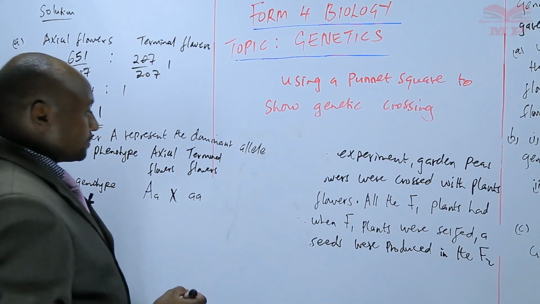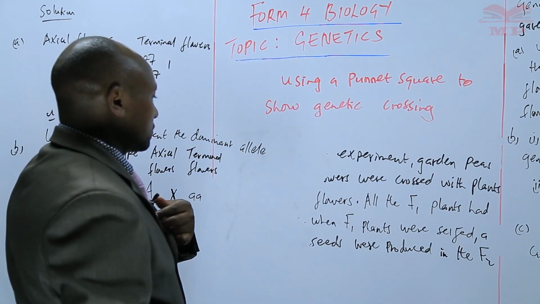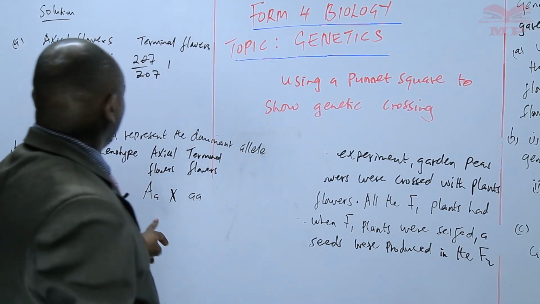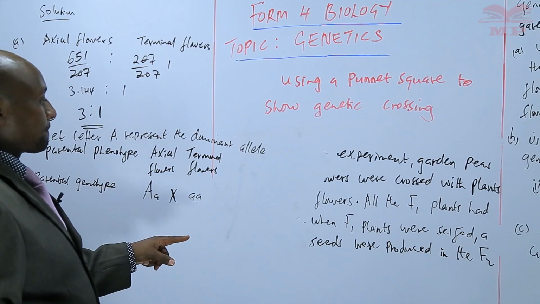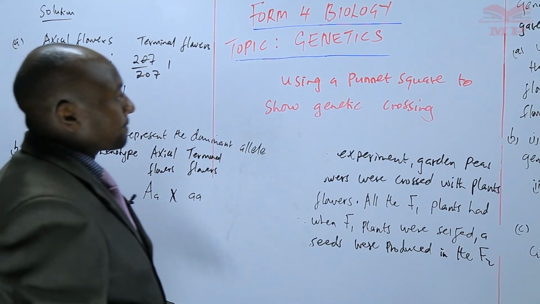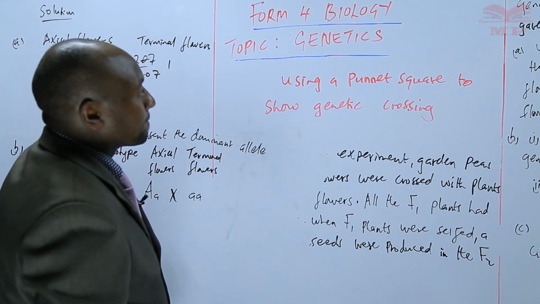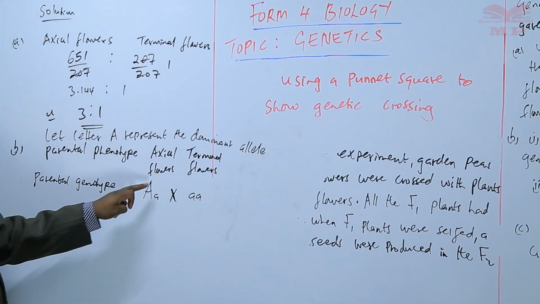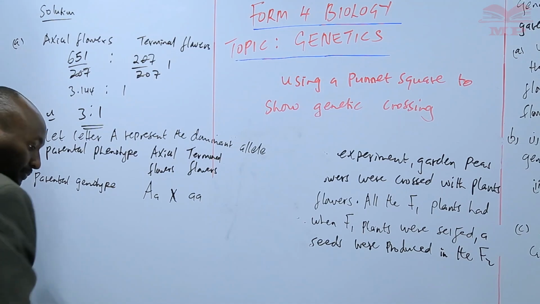For the terminal flowers, we use the small letters because they are the recessive.